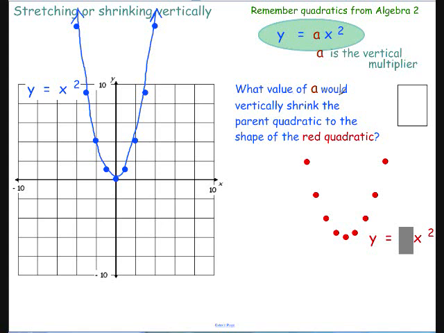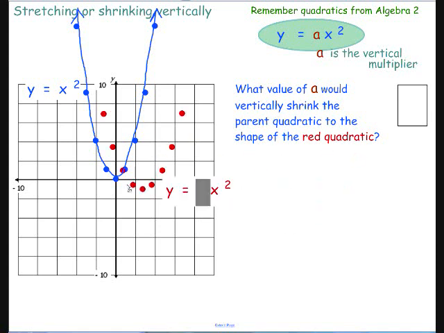What value of a would vertically shrink the parent quadratic to the shape of this red one? Well, let me put that red one right up here. We'll match the vertices, so put the vertex right at the origin.